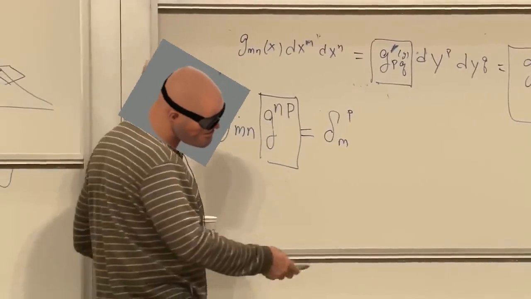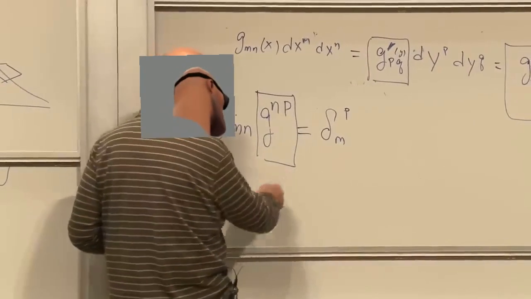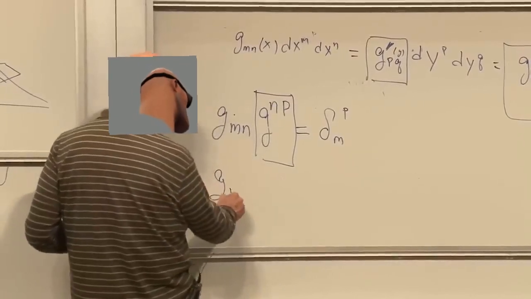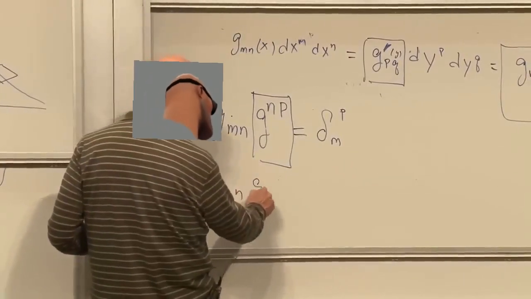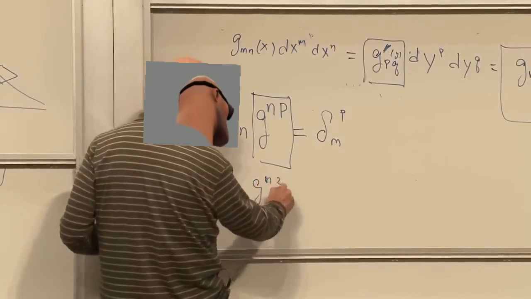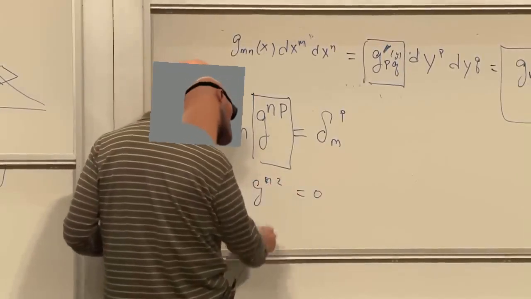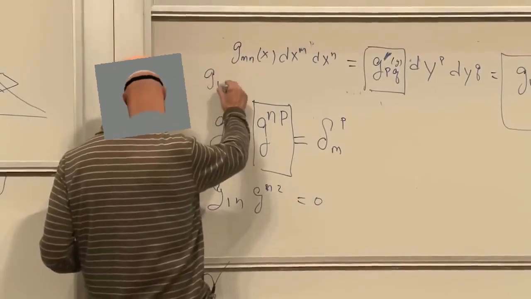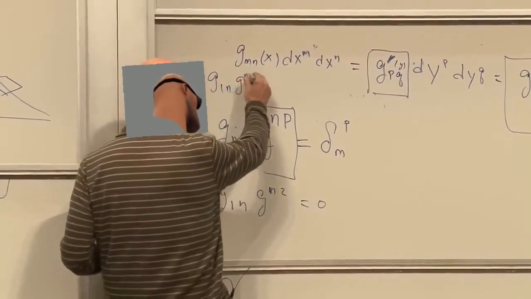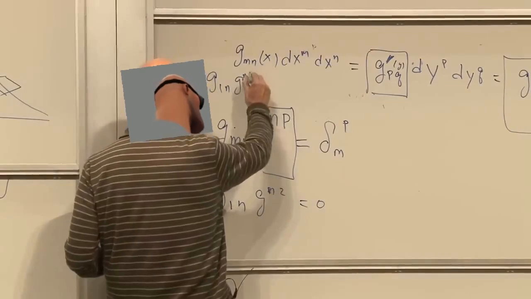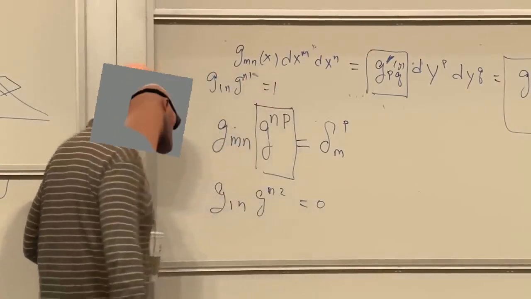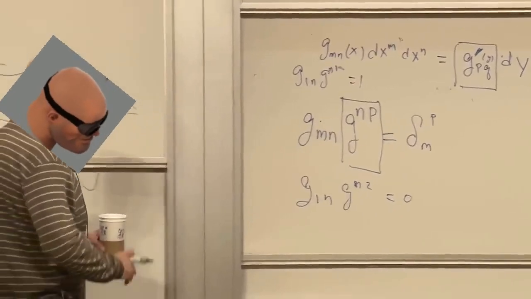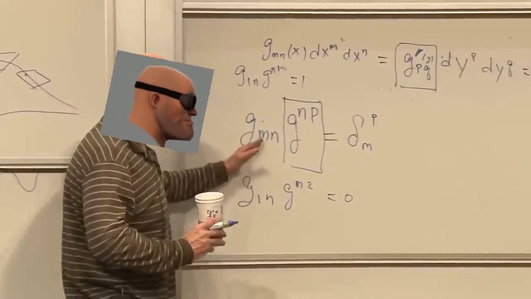The equation makes sense for every m and p. For example, it says that G1n Gn2 is equal to 0. It says that G1n Gn1 equals 1. So there's an equation for each m and p.